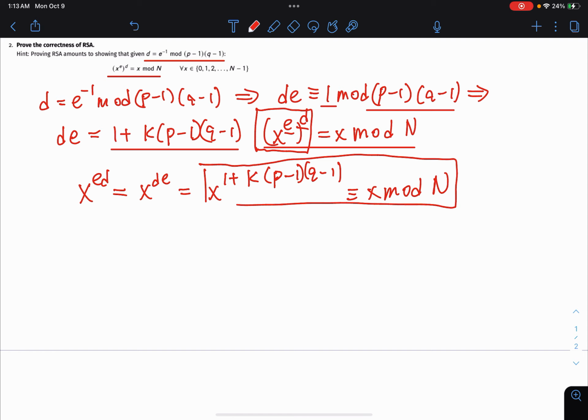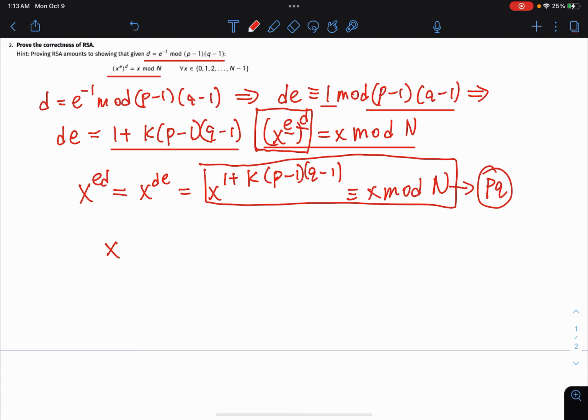Now let's take this and let's interpret this. Remember what N is? N is PQ. But now let us separate the P's and the Q's, and let's see if this equation actually works.